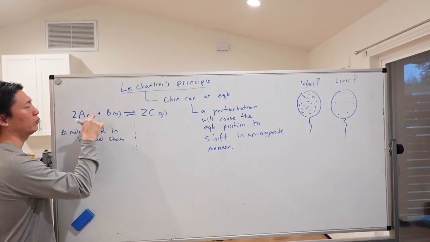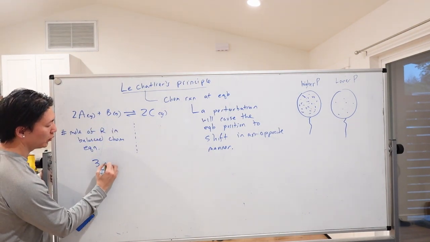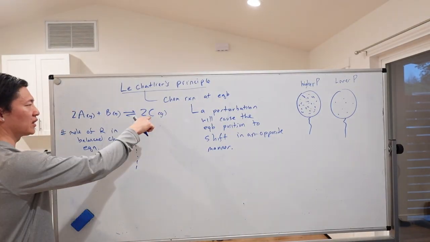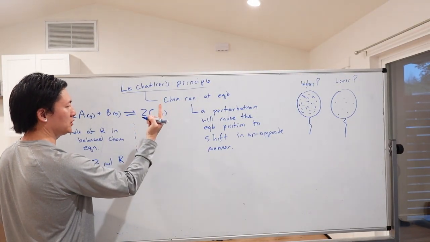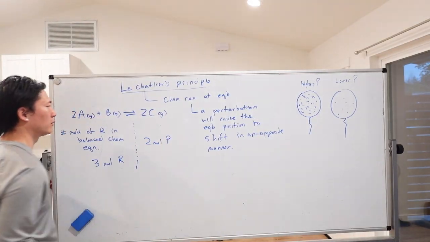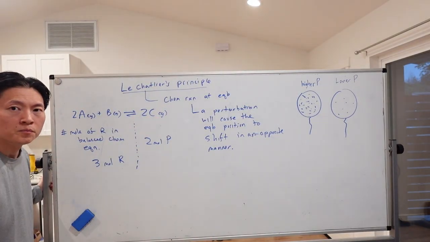There are 2 A's and one B, so 3 moles of reactants. On the right-hand side, there are only 2 C's, so there are only 2 moles of product. Usually there's more product, but in this case there's only C's here.